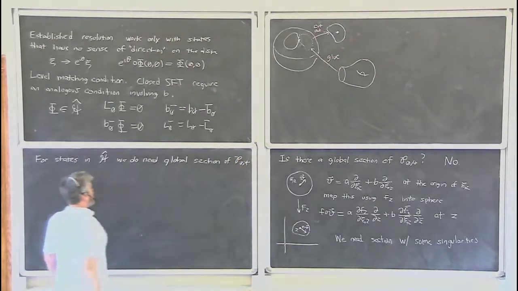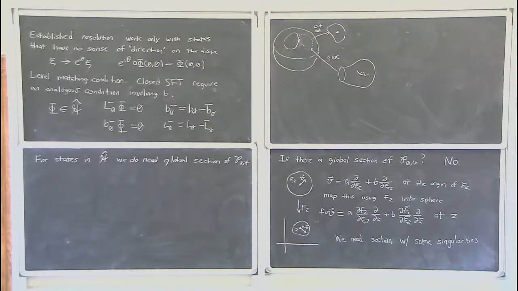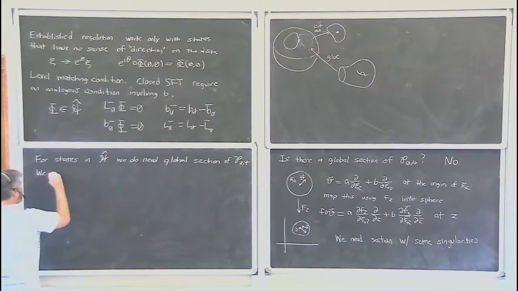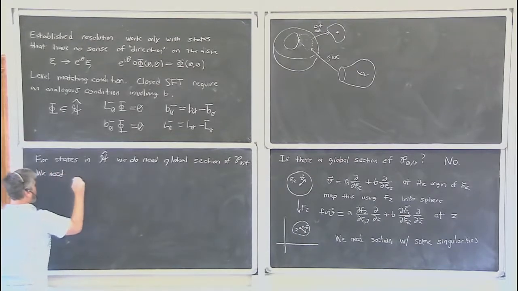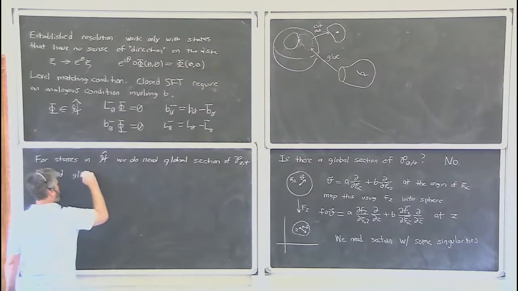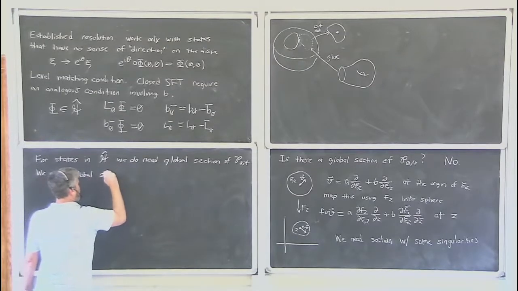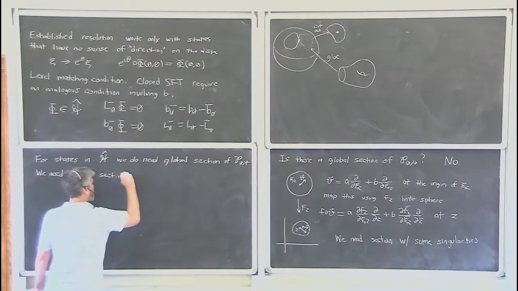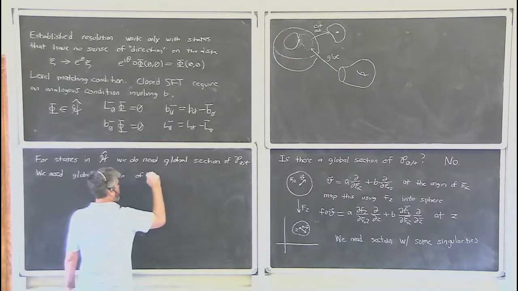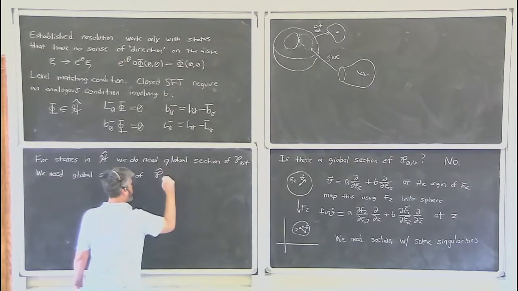For states in H hat, what we need is a global section of what I would call P hat 04.